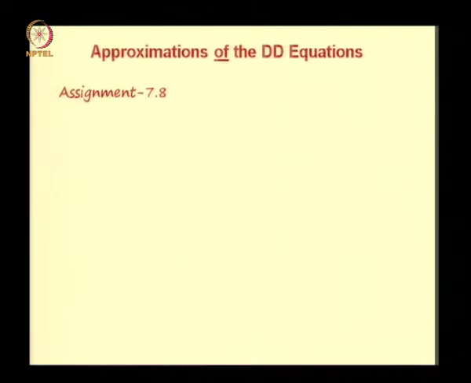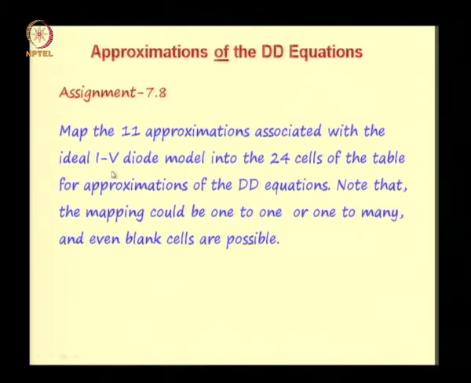So here is an assignment for you as an illustration. Map the 11 approximations associated with the ideal IV diode model into the 24 cells of the table for approximations of the drift diffusion equations. Note that the mapping could be one to one or one to many, and even blank cells are possible.